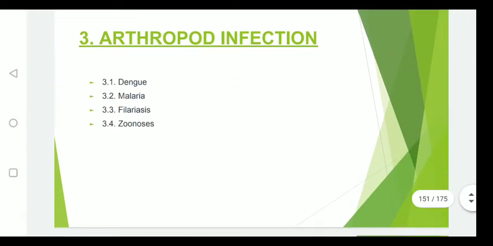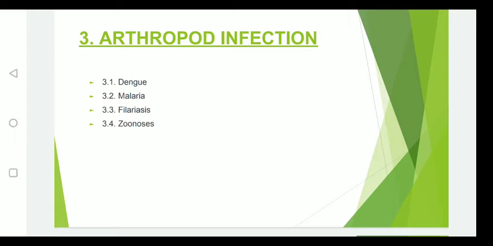that is arthropod infection. So what does arthropod mean? Insects only. It is the infection which is caused by insect bites, and we can call it arthropod infections. There are mainly four arthropod infections. The first one is dengue fever, the second one is malaria, the third one is filariasis, and the fourth one is zoonosis.